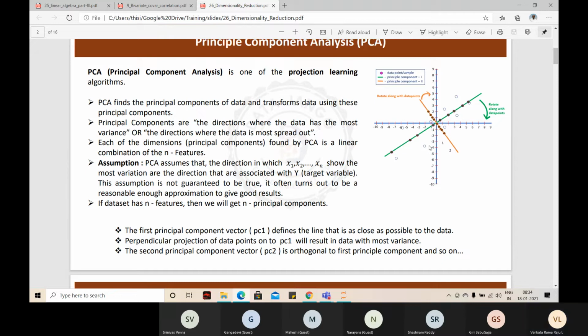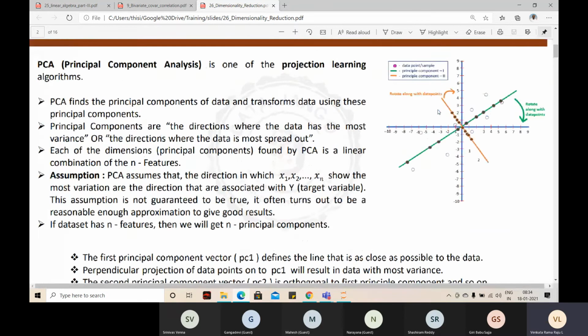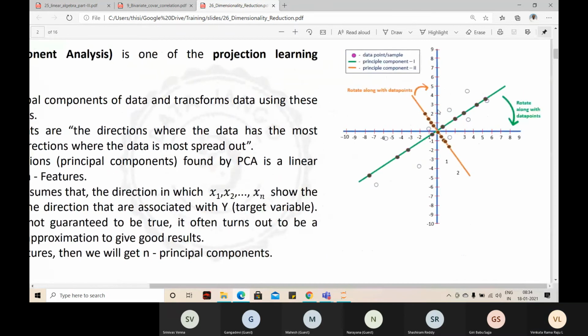If you look at this data, it's visible, right? In which direction is it strongly correlated, green or orange?